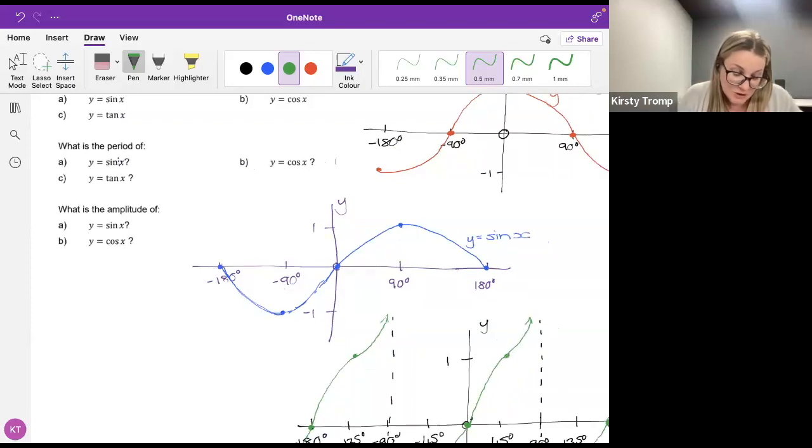All right, so for y is equal to sine x, this one over here, even though we're looking between negative 180 and 180, the period of y is equal to sine x. I'm hoping, Yonela, that you're giving me the answer here. Yonela, do you have the answer for me?